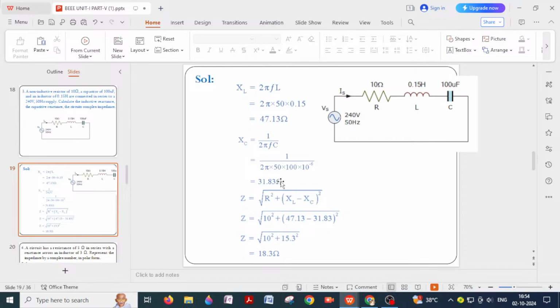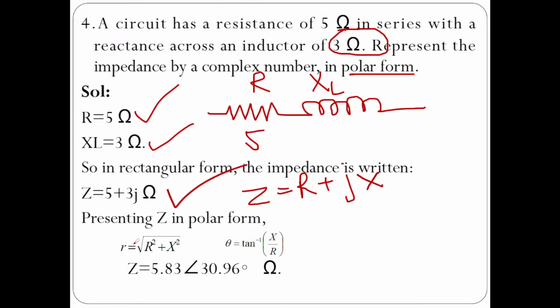So I want to determine the impedance in polar form. What is the formula in polar form? I need the magnitude of Z. So magnitude is root of R square plus X square. R value is 5, X value is 3.